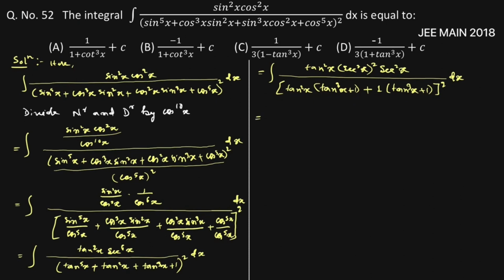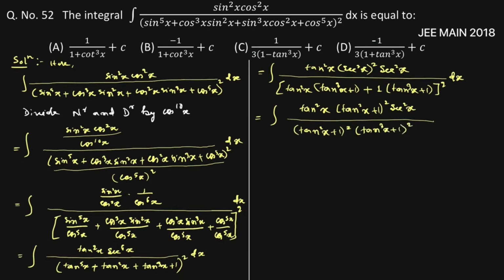So our denominator, which we are able to write in this way, we are able to write as integration of tan square x, this is tan square x plus 1 whole square, this is sec square x, divided by tan square x plus 1 whole square tan cube x plus 1 whole square dx.